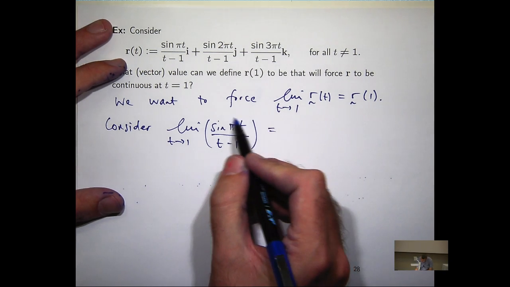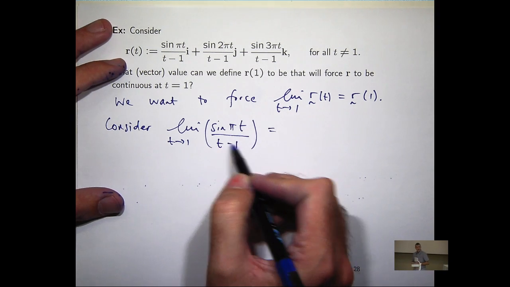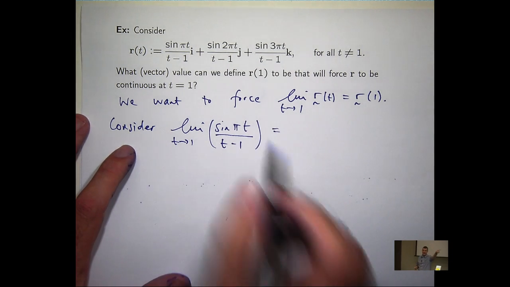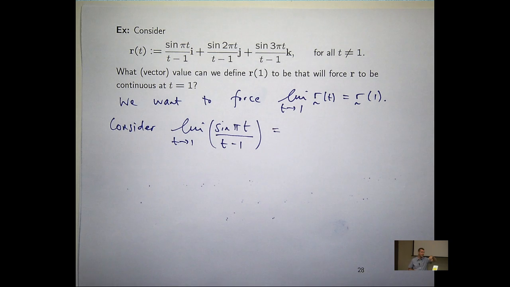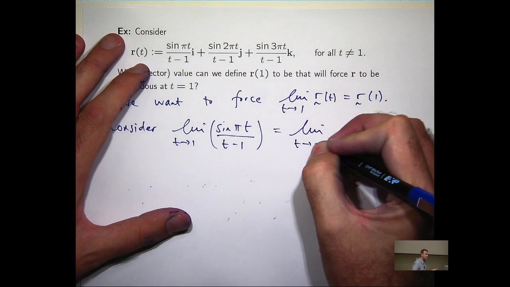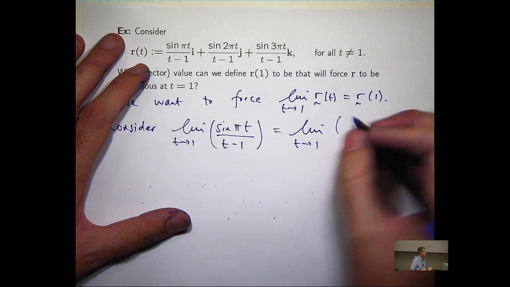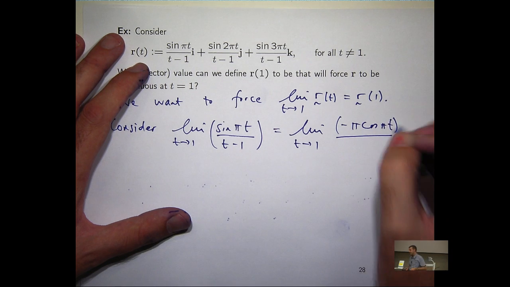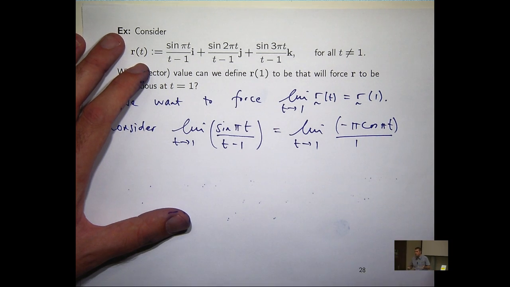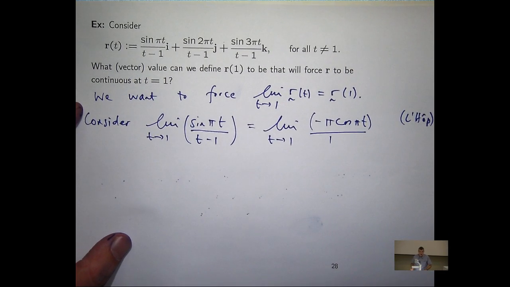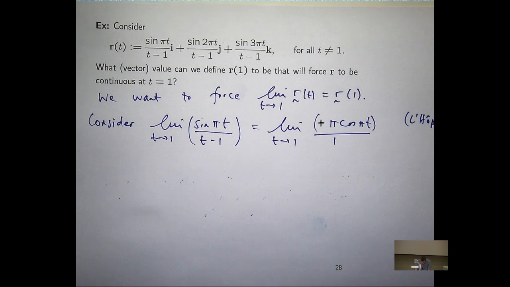To apply L'Hopital's rule, you differentiate the top, differentiate the bottom, and retake the limit. You're making those differentiations independent of each other. It's not like the quotient rule. So the top's going to go to minus pi cos pi t, and the bottom's just going to go to 1. Oh, sorry, positive. So what's our limit going to be?